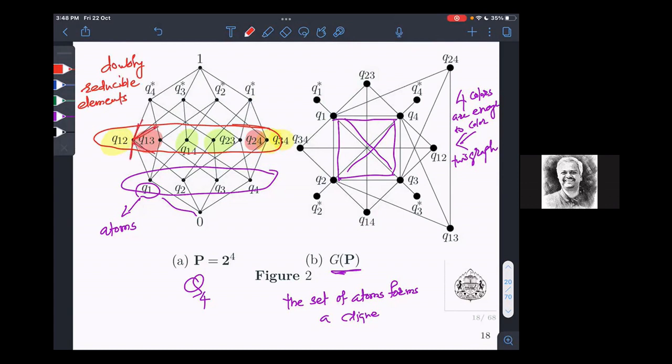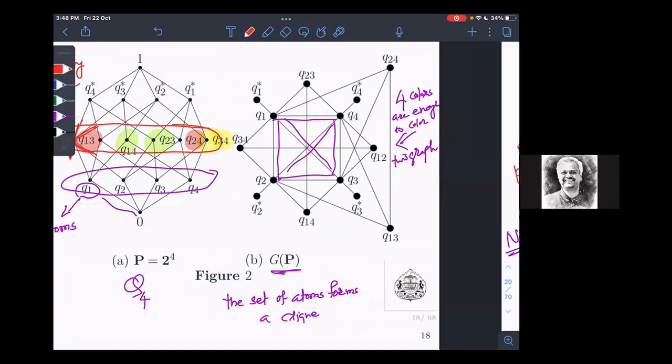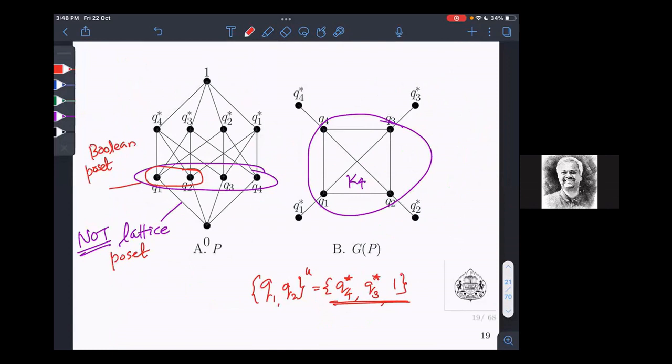You can see that there are at least 2 lines coming down and 2 lines going up, so they are W reducible. Irreducible elements have only 1 line there. If you throw out complementary pairs of W reducible elements from the power set, whatever you get becomes a Boolean poset, and this is exactly what the Boolean poset is.